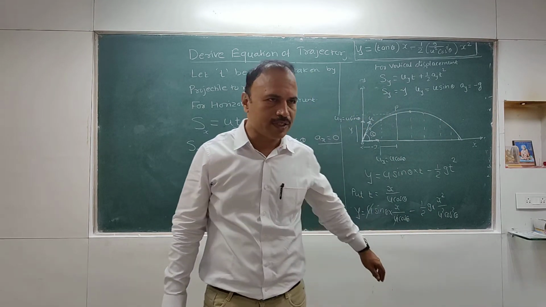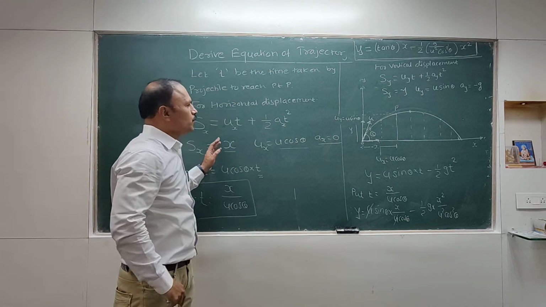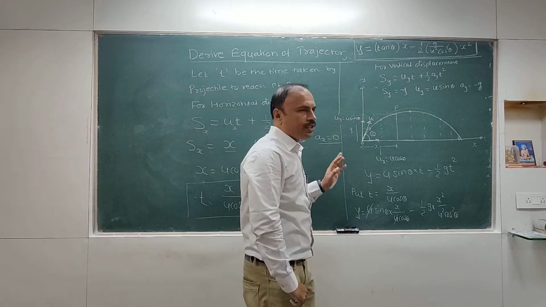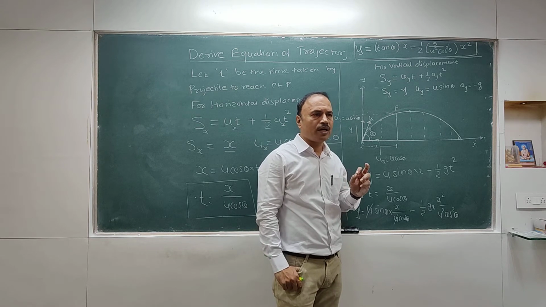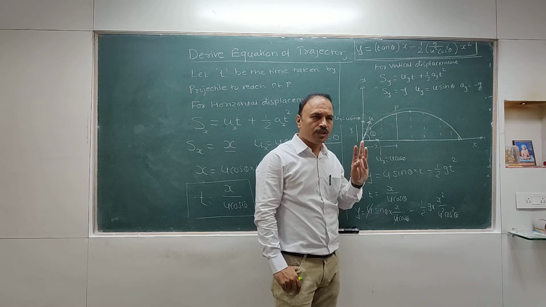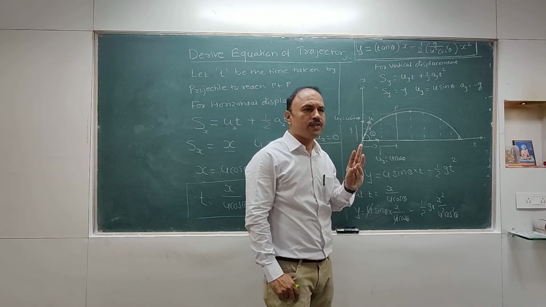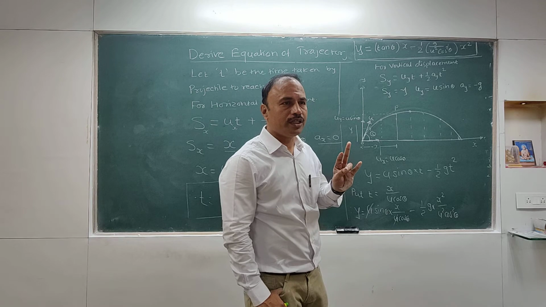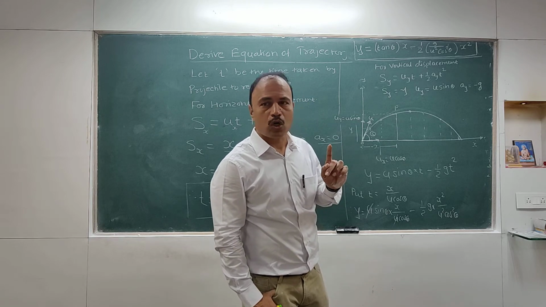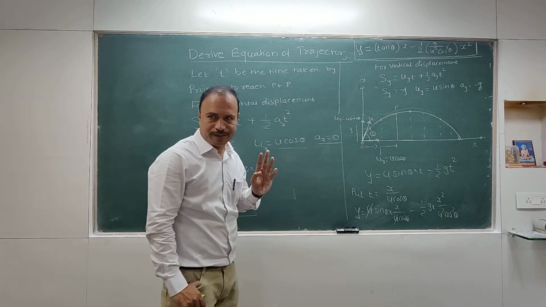Let's understand once again. You understood that trajectory is actually a relation between x and y coordinates. It has horizontal displacement with zero acceleration and vertical displacement with constant acceleration.